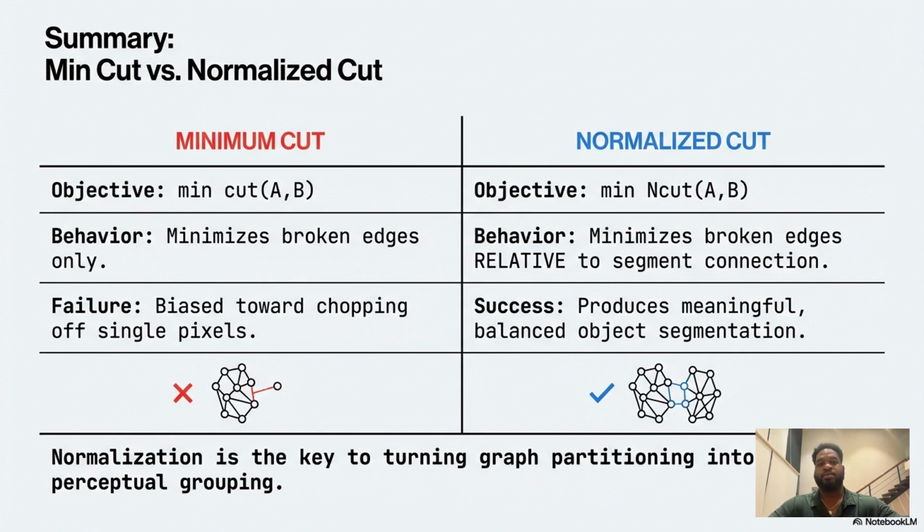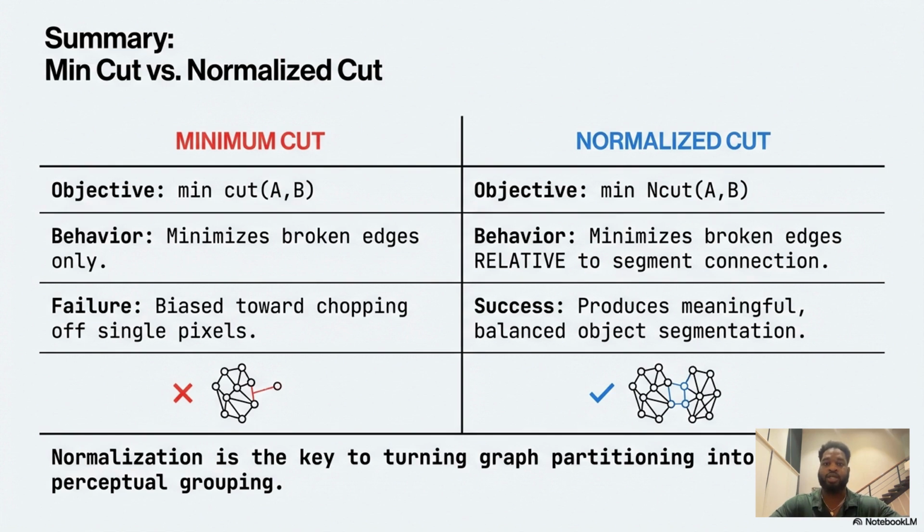And that brings us to the main takeaway. When you're trying to teach a computer to see objects like a human does, just finding the weakest boundary, that's not enough. It turns out balance is everything. So let's just put it all side by side one last time. Minimum cut, its strategy is to find the cheapest boundary, period.